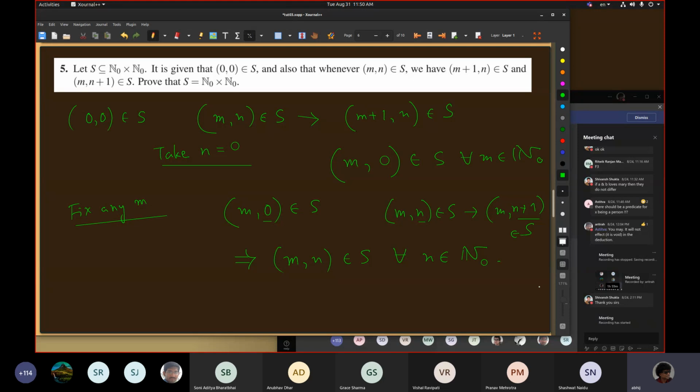Happy or not? But then I have fixed any m. M can be anything. So this is established for any m, n. Happy or not? Can we fix n instead of fixing n equal to 0 only?